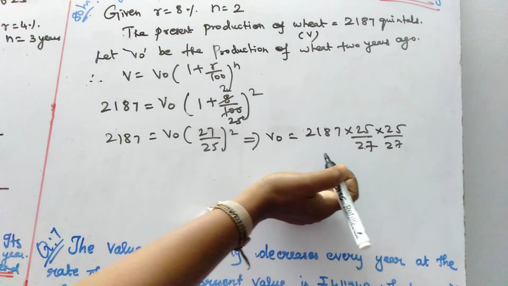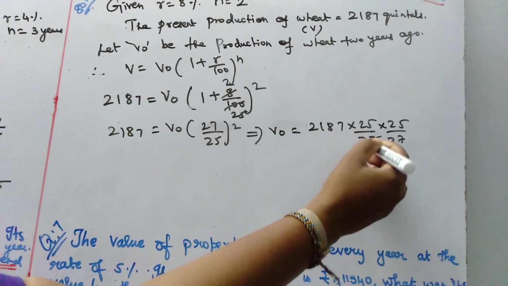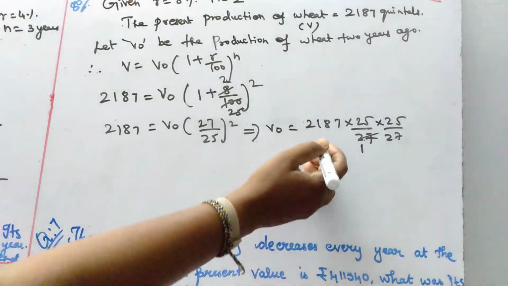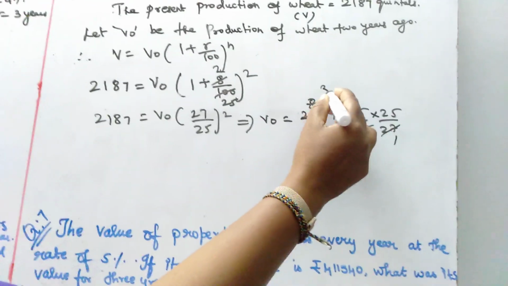Alright, if you cancel this one, you get 27, this is 1 time, this is 81 time, and this is 1 time, this is 3 time.